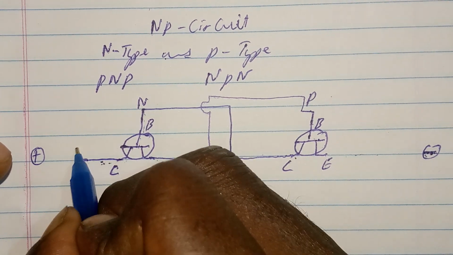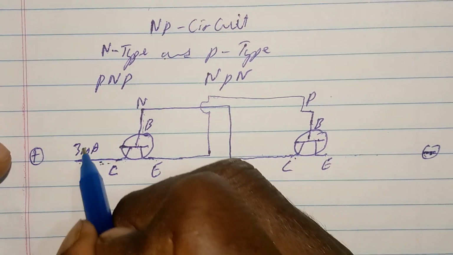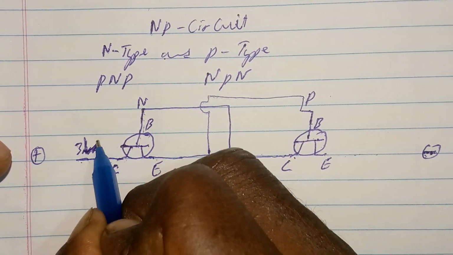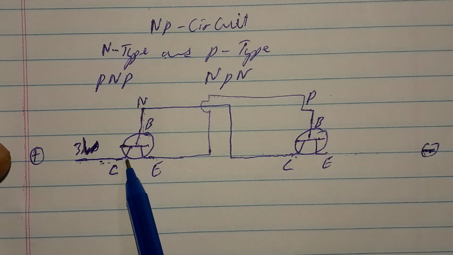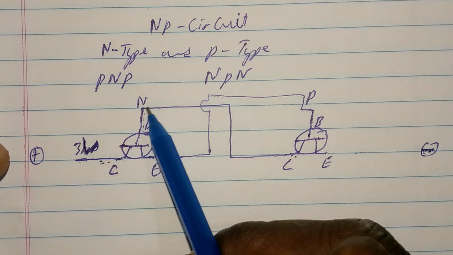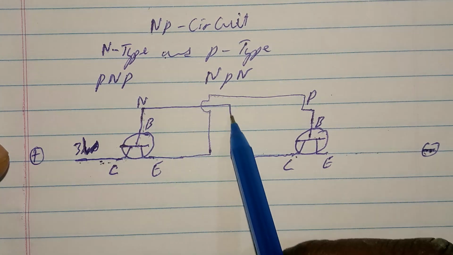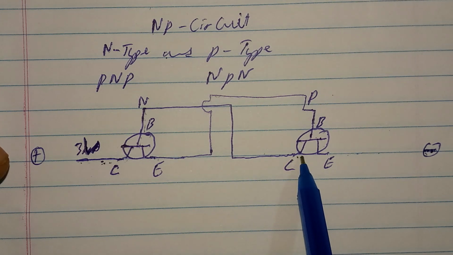For instance, if we apply 3 milliamp current here, or voltage here, let's say the voltage here, this voltage is going to travel here because there is a base voltage coming out. Now the base voltage is going to come this way to this point.